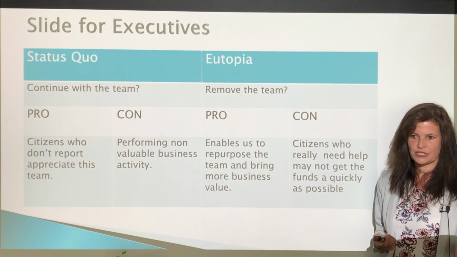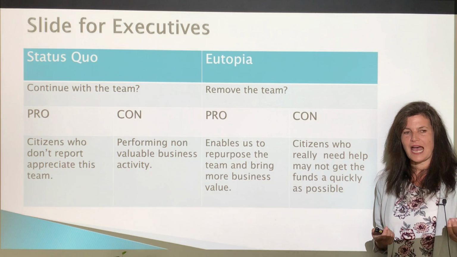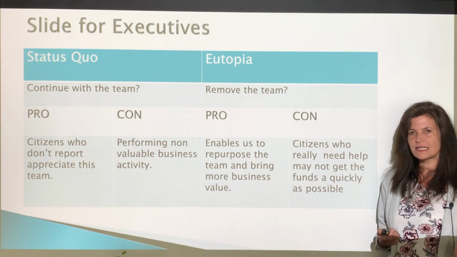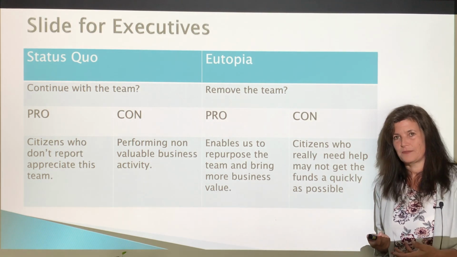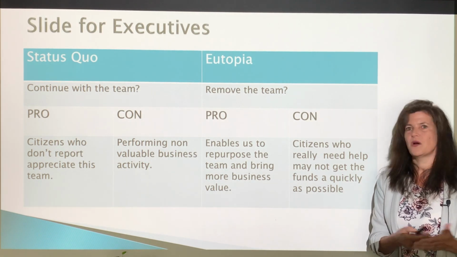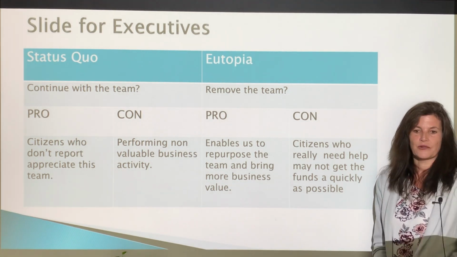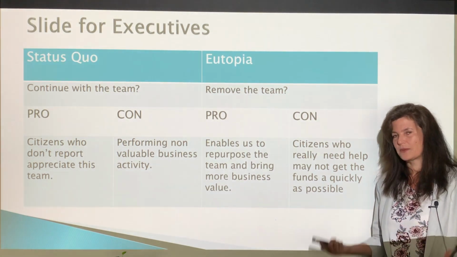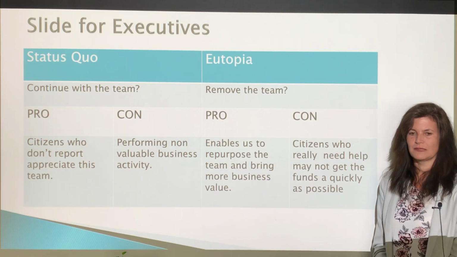Another thing we could do is possibly that team isn't determining income, but it's helping the citizens report their income, because maybe they don't know how to report them. That wouldn't be helping us directly, but it does help government as a whole.